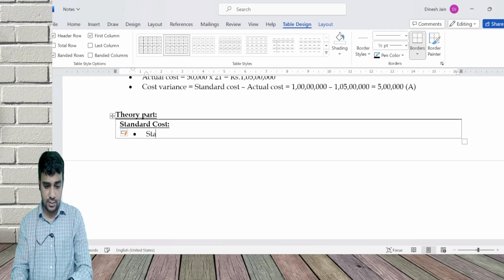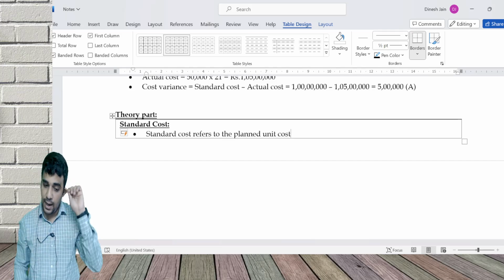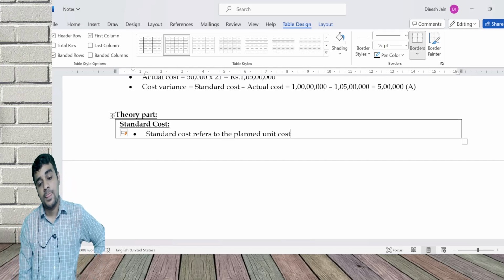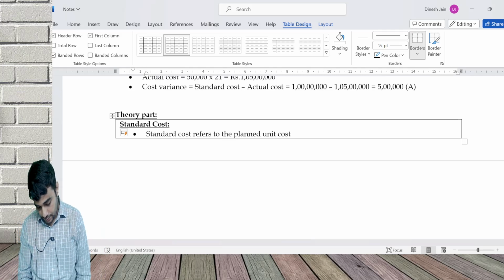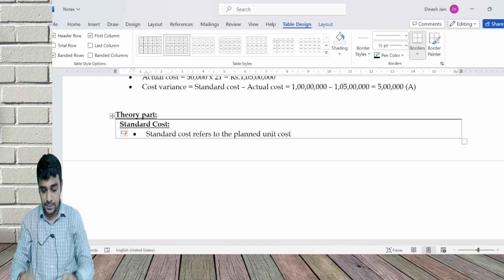Standard cost refers to the planned unit cost.